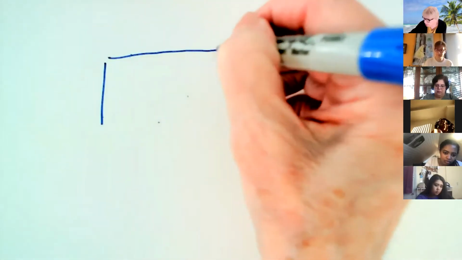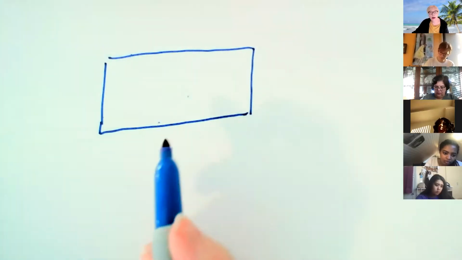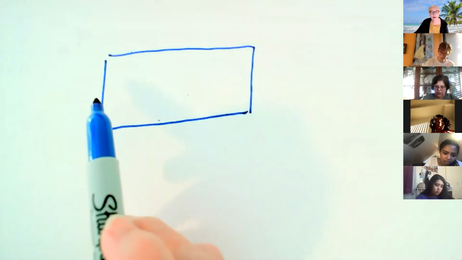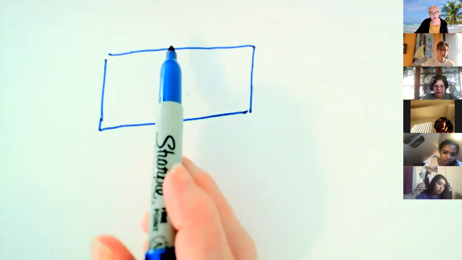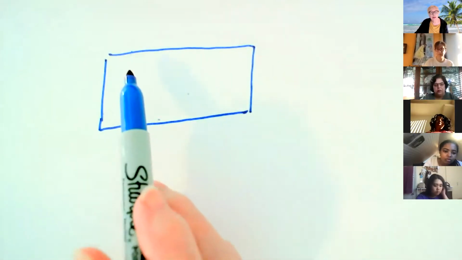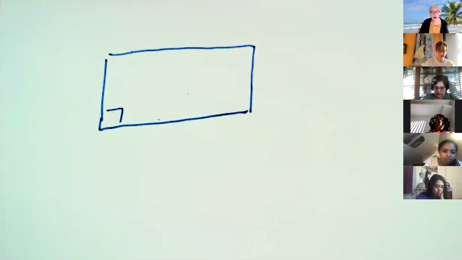The next shape is a rectangle. A rectangle is just a square with two sides next to each other being different, but it also has the same quality of having right angles. I don't know if I drew it very well.